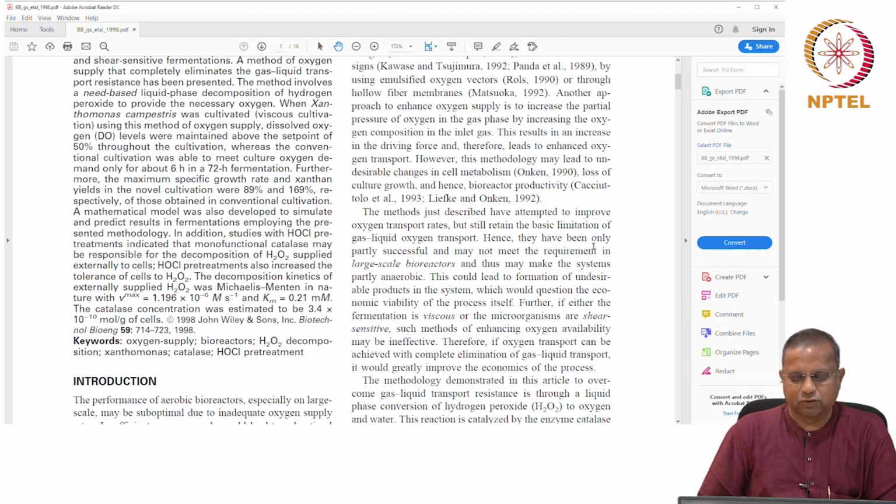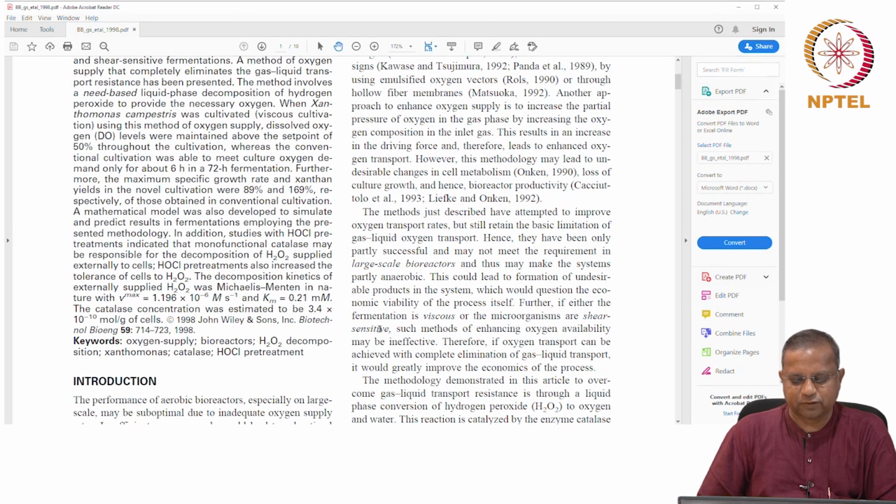Hence, they have been only partially successful and may not meet the requirement of large-scale bioreactors, and thus may make the systems partly anaerobic. This could lead to formation of undesirable products in the system, which could question the economic viability of the process itself.